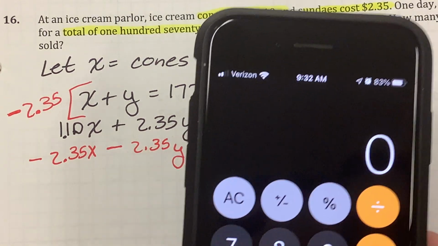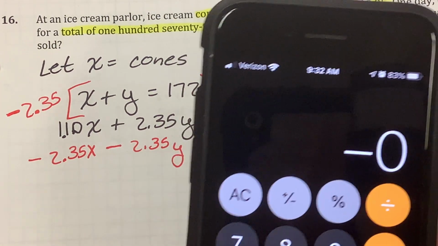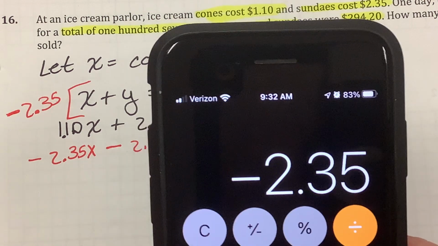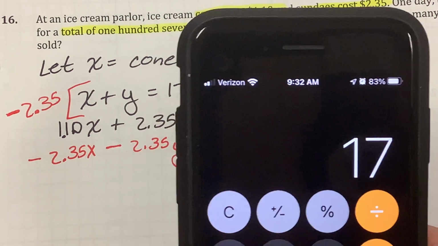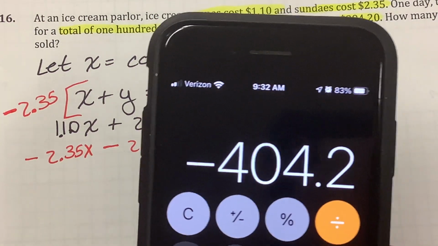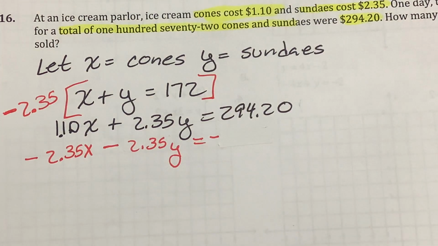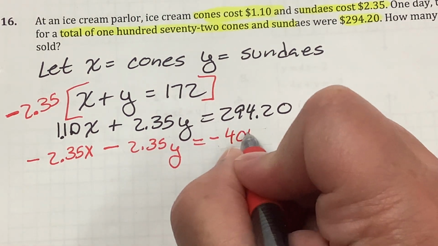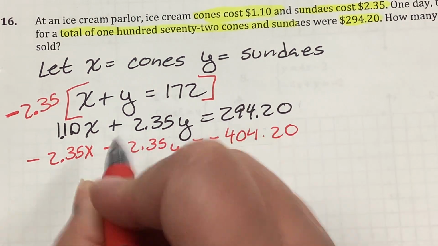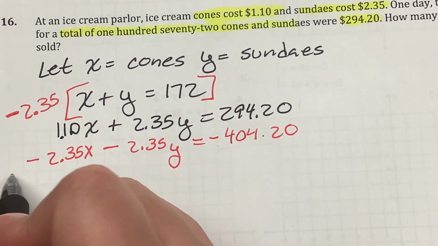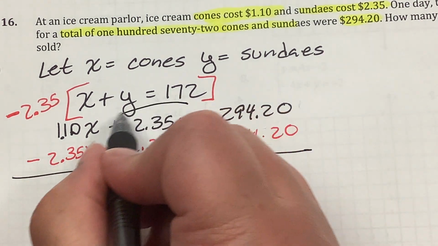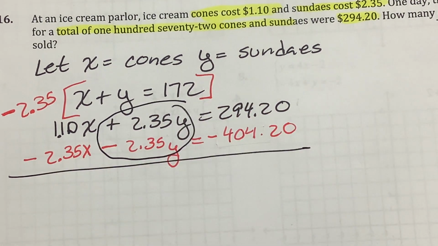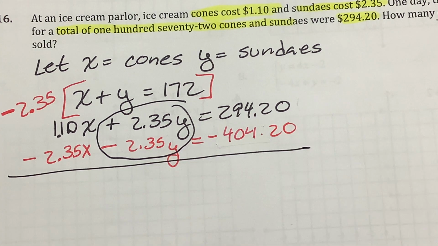Clear that. Negative $2.35 times 172 is negative 404.2. Here we go. Now, when I combine these, the sundaes will disappear, but now I have to do something about this.